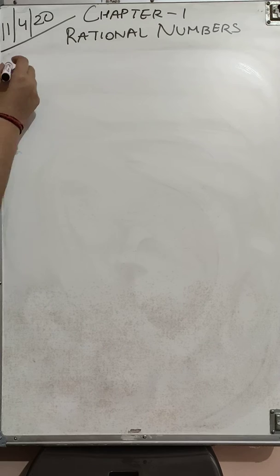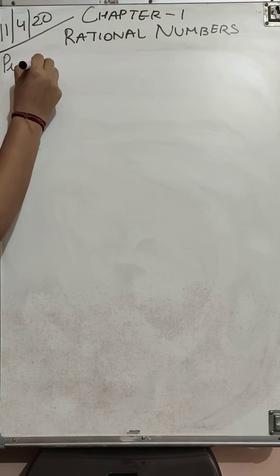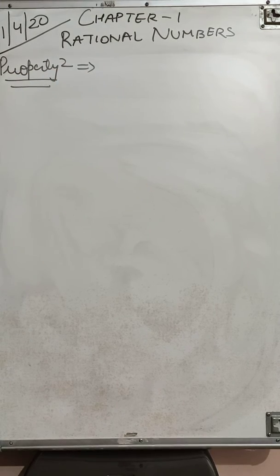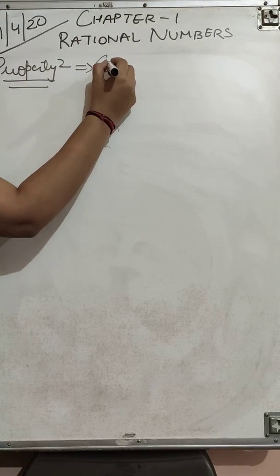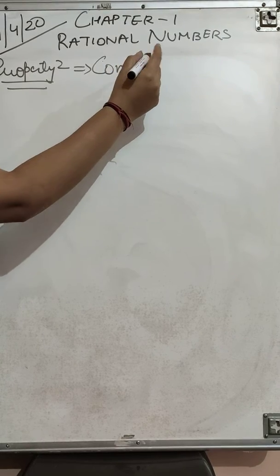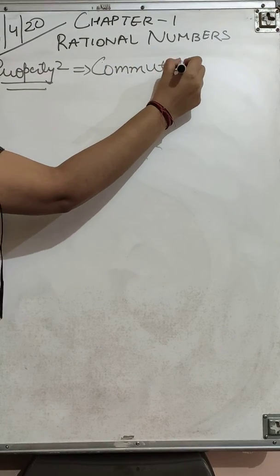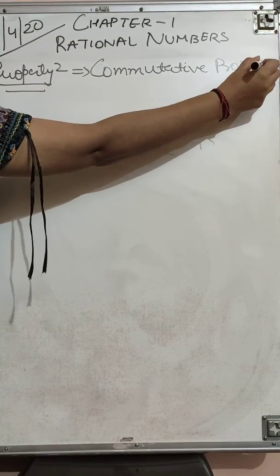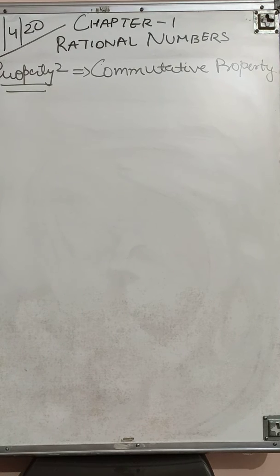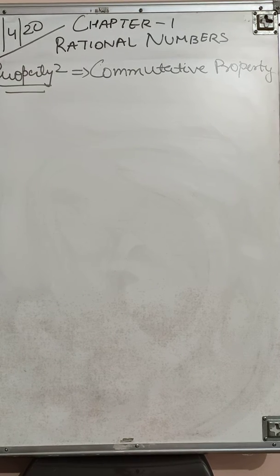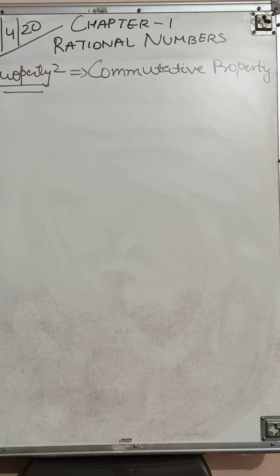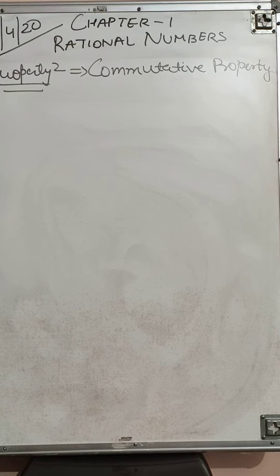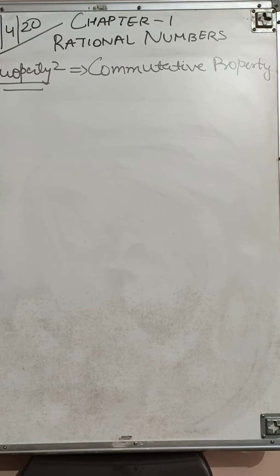Second property is commutative property. What does this mean? We know that suppose if I take A and B as two integers, then A plus B will be equal to B plus A. This is the integer property.